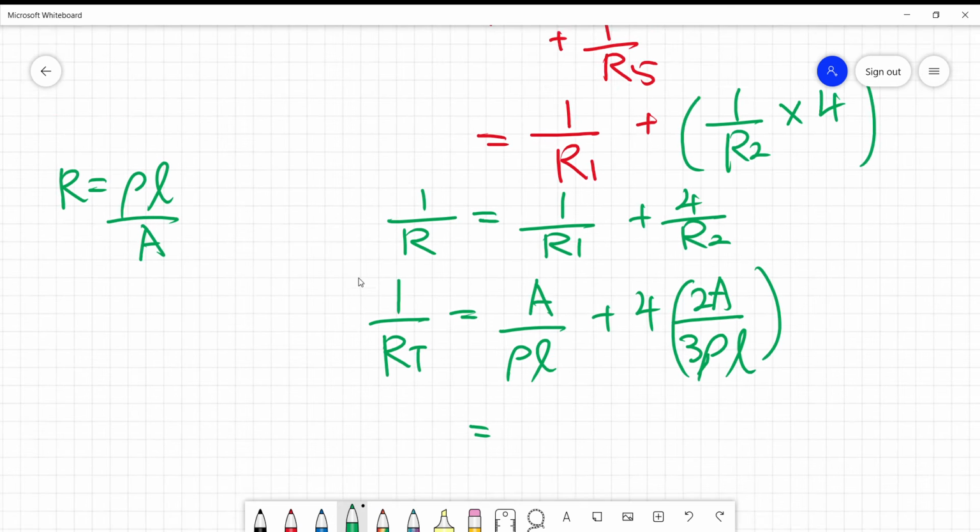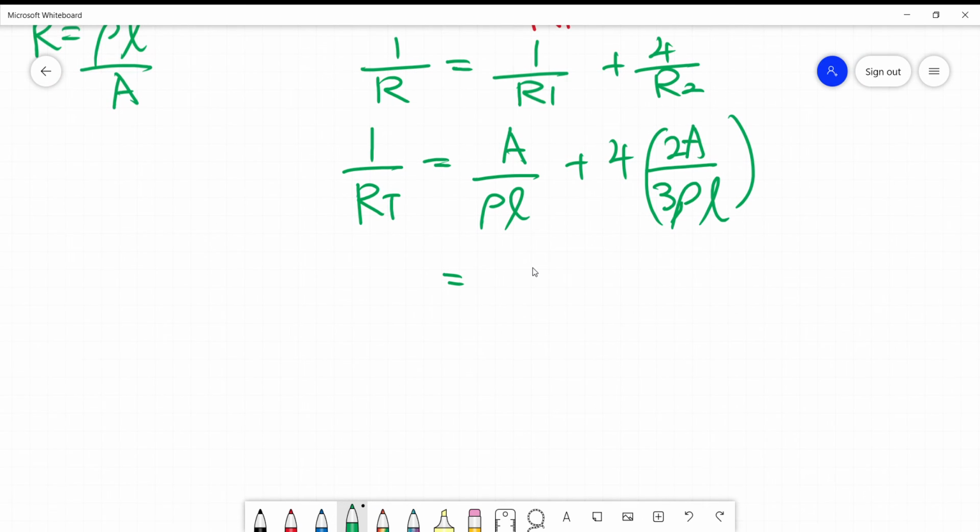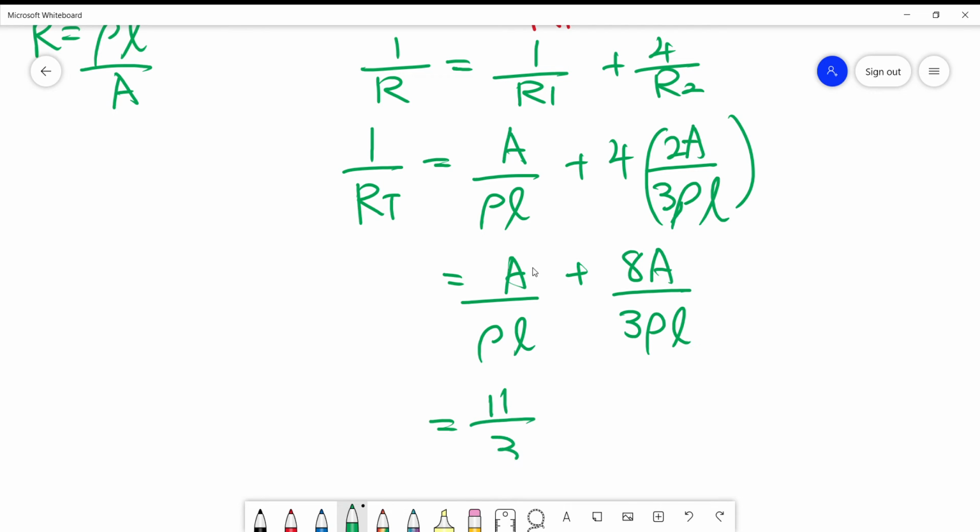Alright, if I wish to simplify it, what I get here is rho L. So this is 8a over 3 rho L. So if I total it up, 1 plus 8 over 3, what I get is 11 over 3 times a over rho L. So this is 1 over RT.